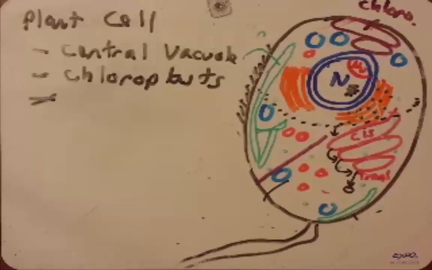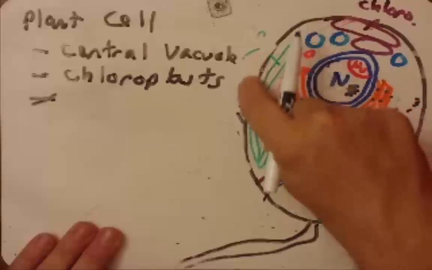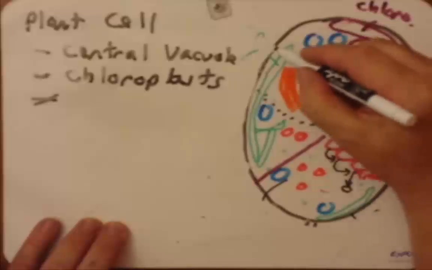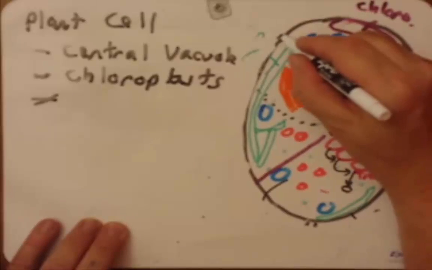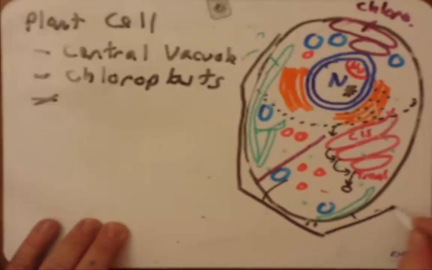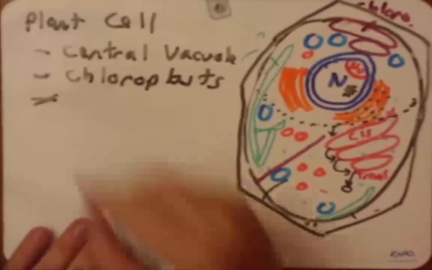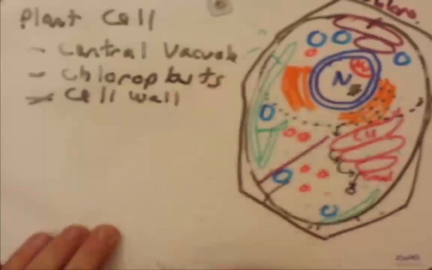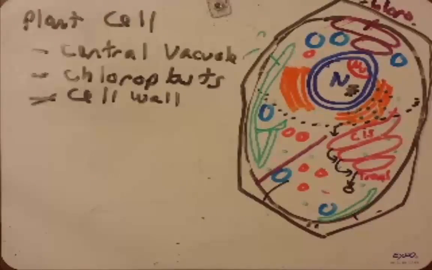So that's really enough to call it a plant cell. But what I didn't draw, and I'm going to have to erase these cilia as well, and this flagellum, so we can make this a plant cell. Plant cells also, on the outside of the plasma membrane, are enclosed by a cell wall, a very thick material that helps protect the plant.